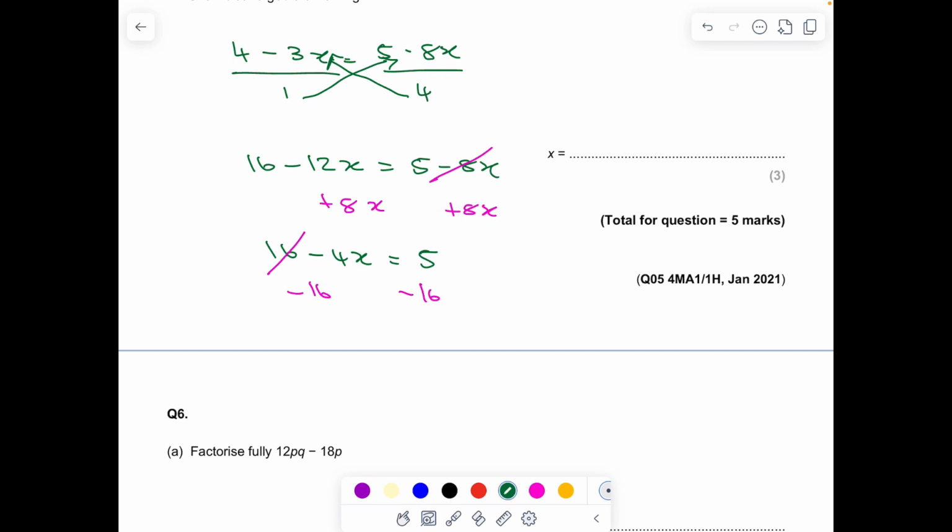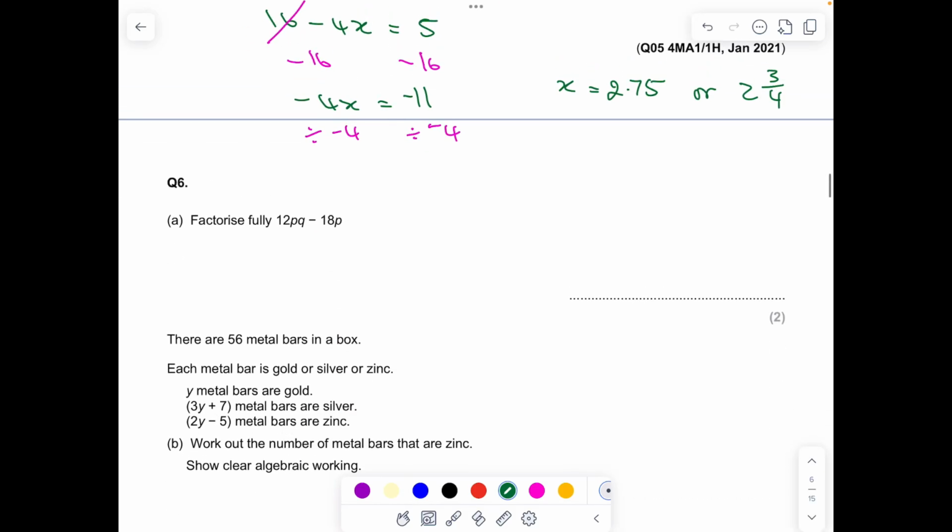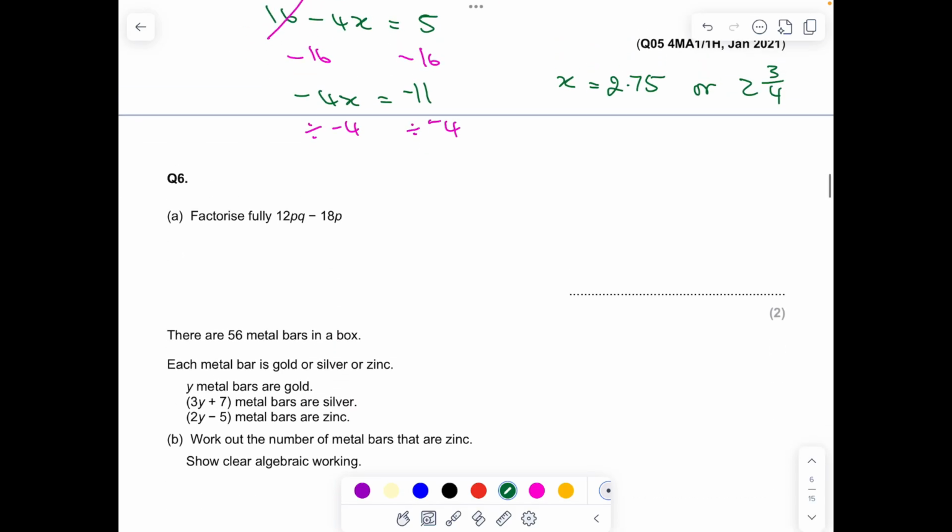And that's going to give me minus 4x equals minus 11. And then I'll divide both sides by minus 4 to give me that x, positive x, equals 2.75 or 2 3/4 if you want to leave it like that. Or 11 over 4. You can leave it as 11 over 4 as well.